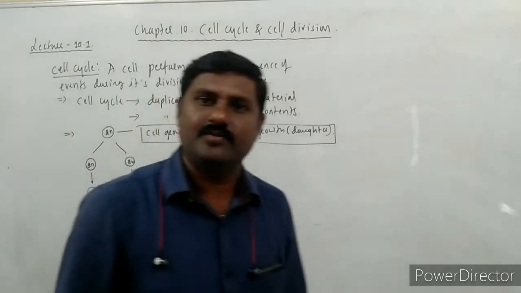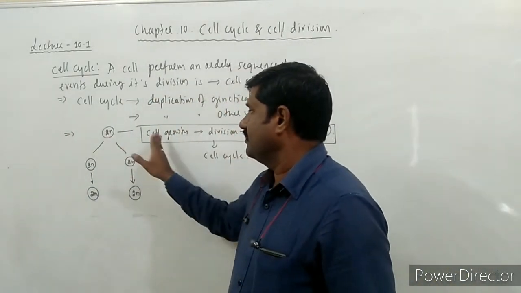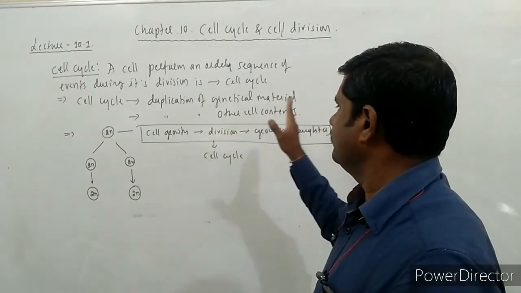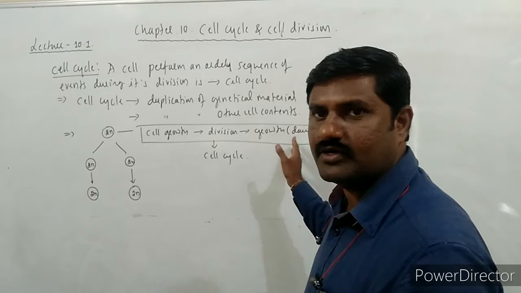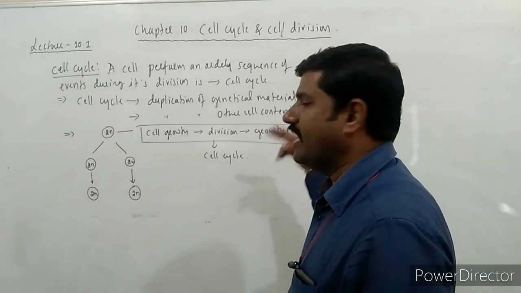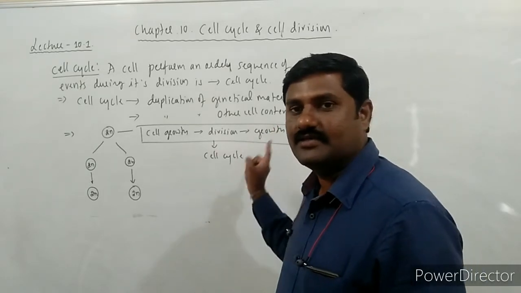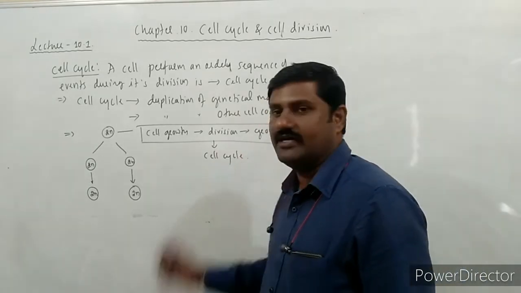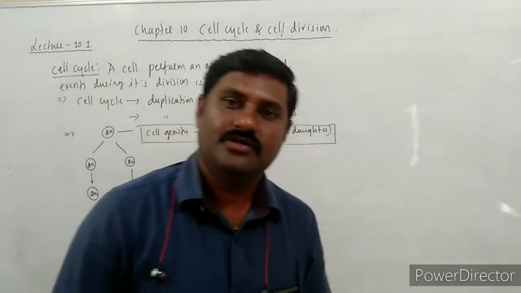Right? So now we came to know what is cell cycle. Whenever a cell grows and divides into two daughter cells, and those two daughter cells start to grow and mature themselves and are ready to divide, up to that level the cell cycle occurs. This is the fact you should know.